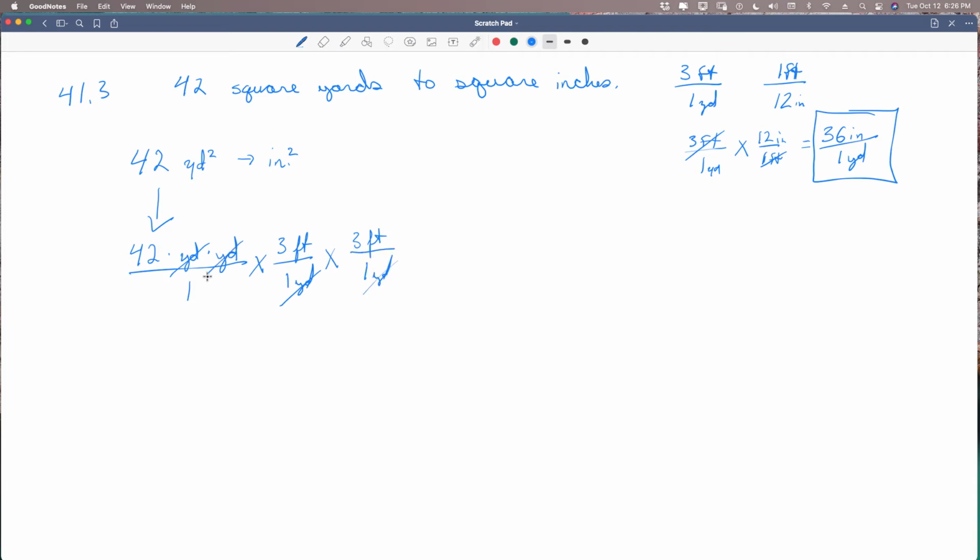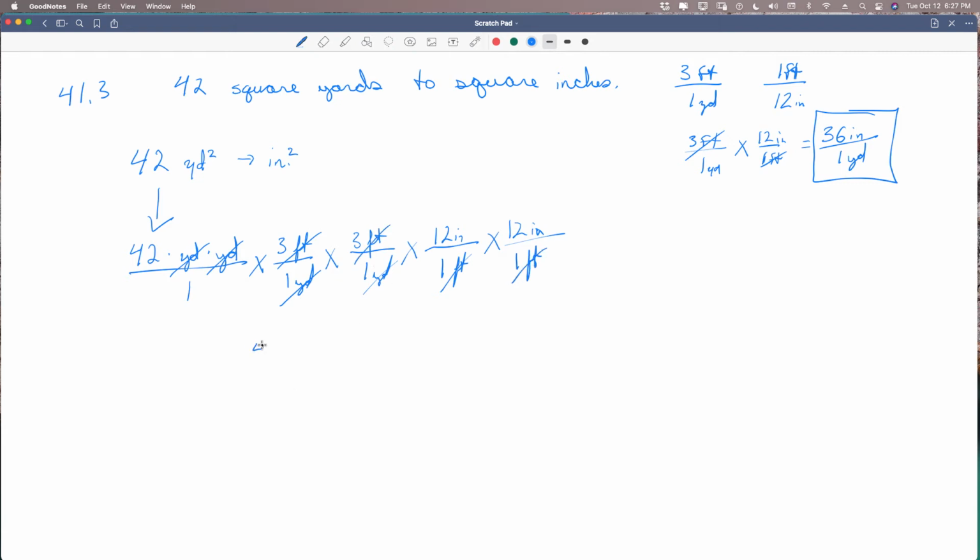cancels this one. Now we have to do inches. All right, 12 inches over 1 foot, cancels the first one, times 12 inches over 1 foot, cancels the second one.